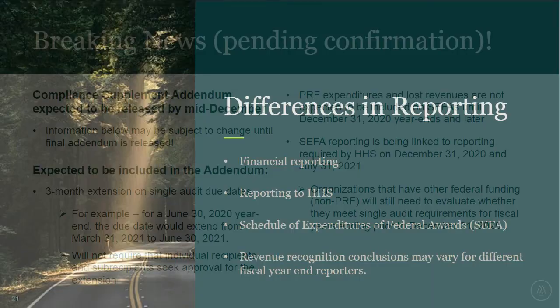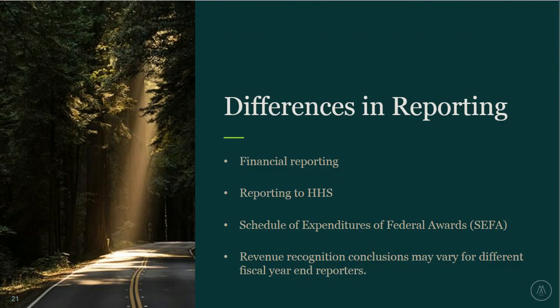All right, so just high level, and I've seen a few questions around this in the Q&A, there are going to be differences in reporting. There's the financial reporting aspect of it under generally accepted accounting principles, while we're using the reporting specs that are available as a guide: does an organization have the healthcare expenditures attributable to COVID, and do they have the lost revenue?